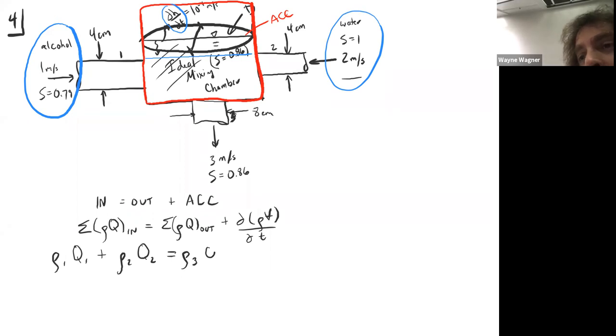Rho 3, Q3, and then plus, now I need to think about this d rho V dt. This rho right here is unchanging in time because they told us that. It would in fact change in time, but in this case we're going to bring it out, and so we're going to get rho tank.